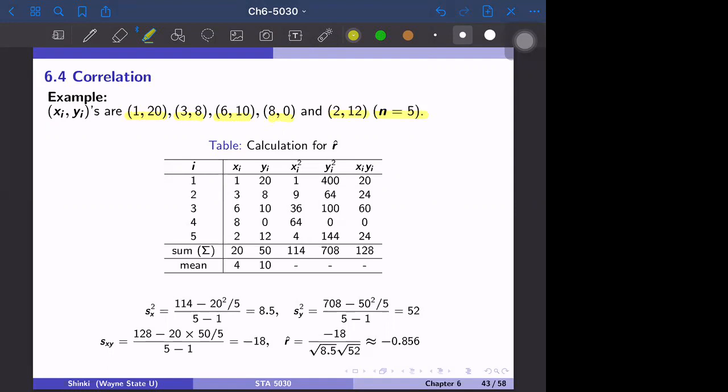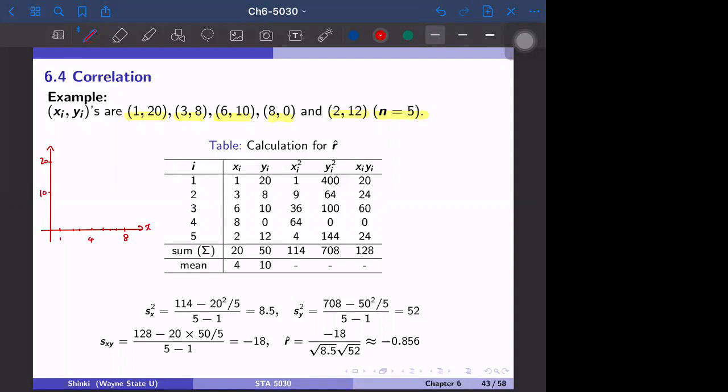So maybe it's good to make a scatter plot first. We have x and y, where x ranges from 1 to 8, and y ranges from 0 to 20.